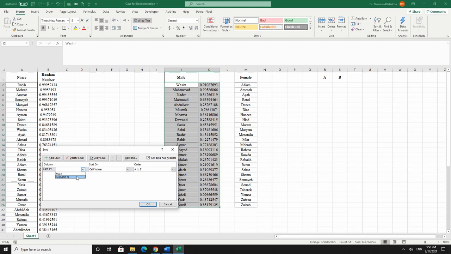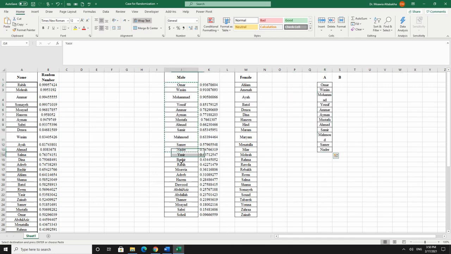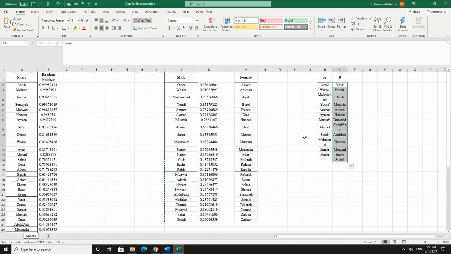Column K, and from the smallest to largest or largest to smallest. Okay, see now Umar is the top, so I'll take the first half. Okay, this half, I'll put it in this group, and the other half in the other group.